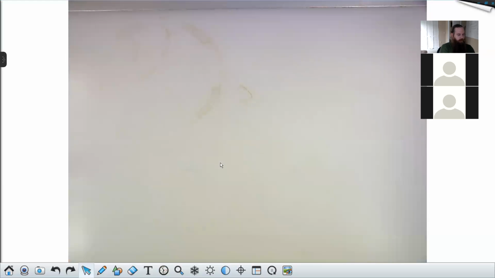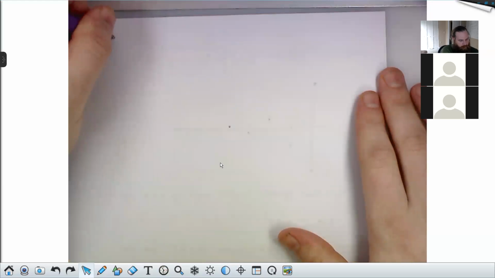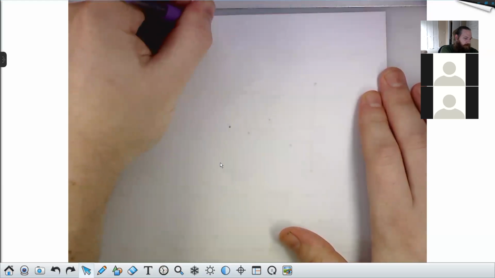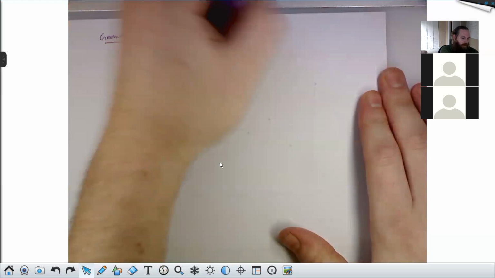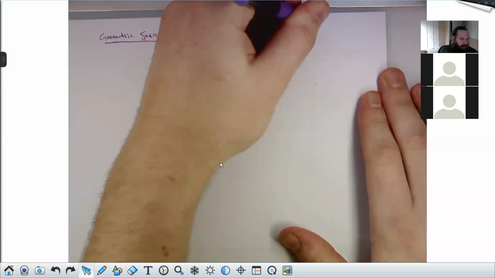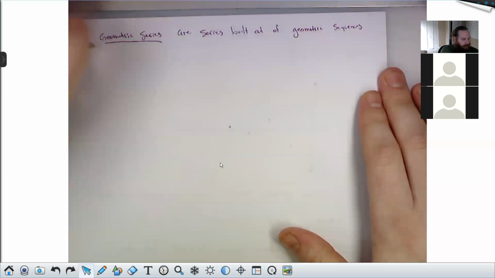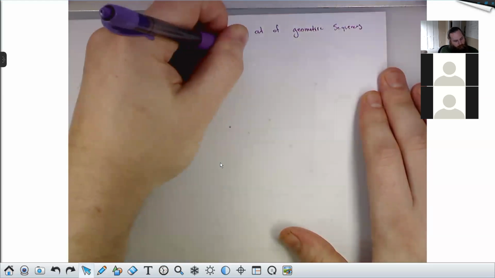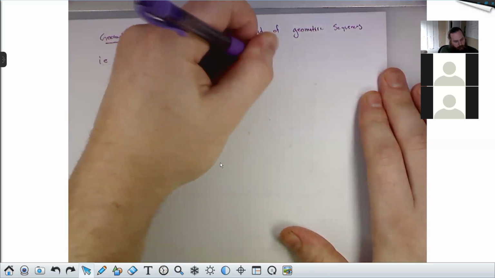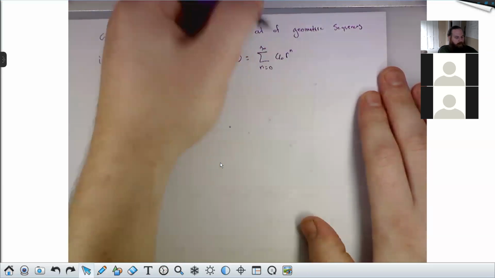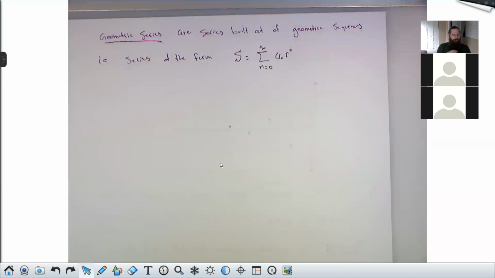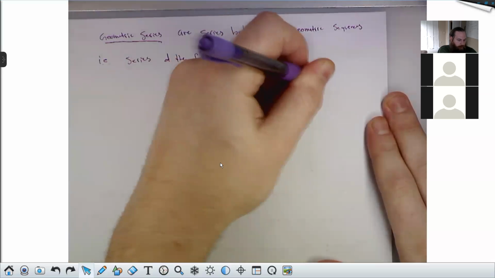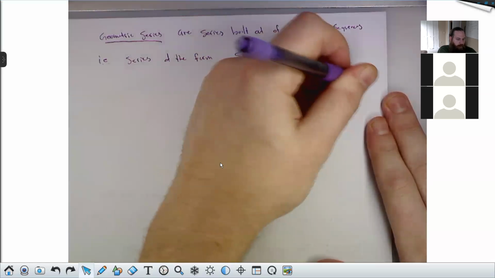and look at a geometric series. Geometric series are series built out of geometric sequences, i.e., series of the form S equals sigma n from 0 to infinity a naught times r to the n, which remember is shorthand for a naught plus a naught times r plus a naught times r squared plus a naught times r cubed, and so on.